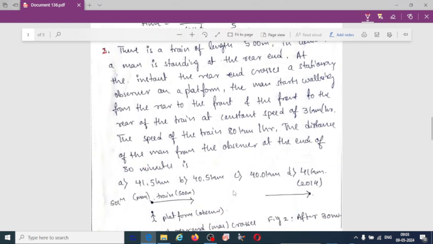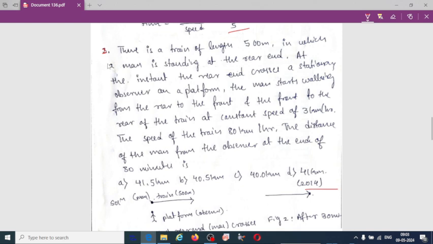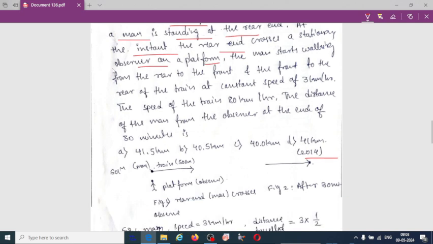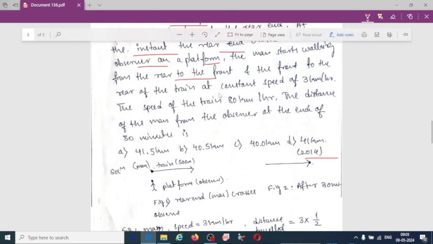So this is a question from 2014 CSIR NET. There is a train of length 500 meter in which a man is standing at the rear end. At the instant the rear end crosses a stationary observer on a platform, the man starts walking from the rear to the front and the front to the rear of the train at a constant speed of 3 km per hour.